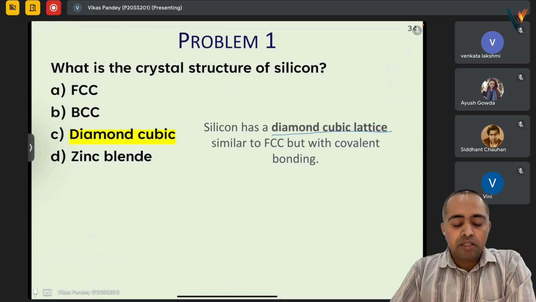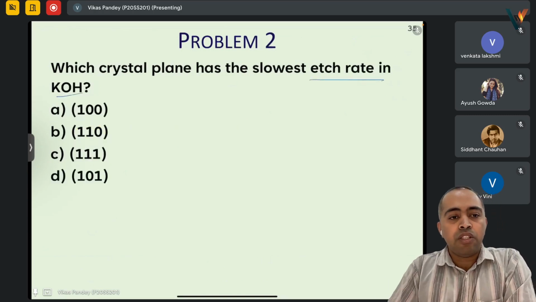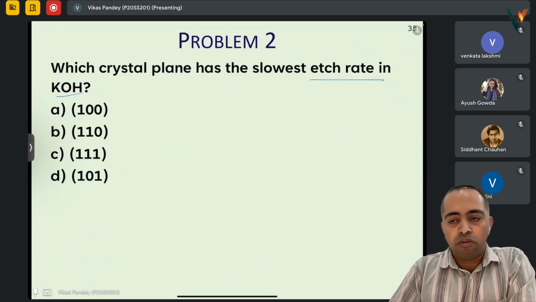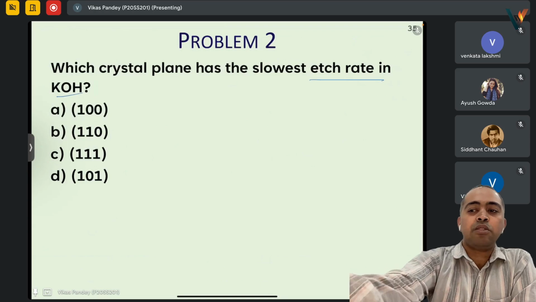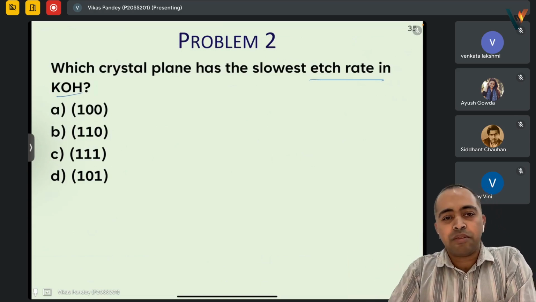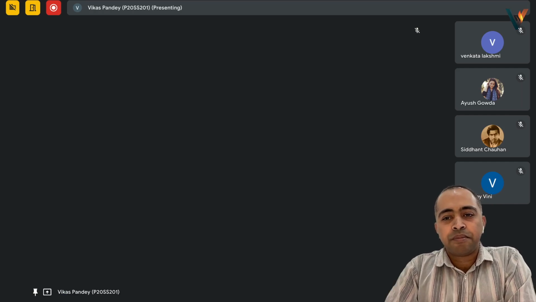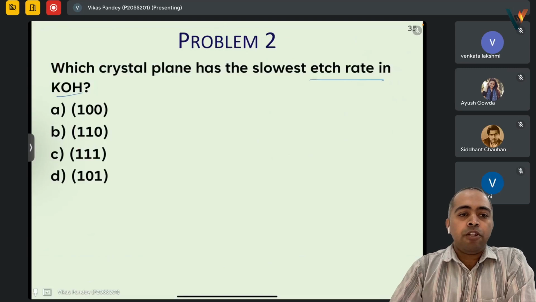Which crystal plane has the slowest etch rate in KOH? 100, 110, 101, or 111? This we have been discussing throughout the lecture, so I expect you people to answer, please. Anyone?